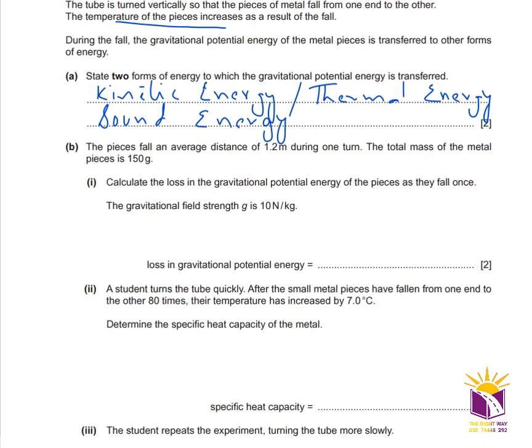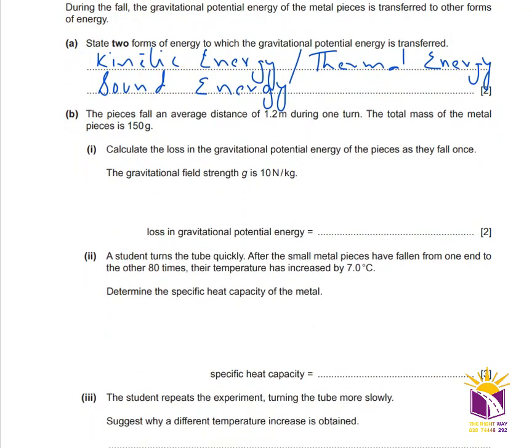The pieces fall an average distance of 1.2 meter during one turn. The total mass of the metal pieces is 150 gram. Calculate the loss in gravitational potential energy of the pieces as they fall once. The gravitational field strength g is 10 Newton per kg. So we know that gravitational potential energy is equal to mgh, where m is 150 grams.